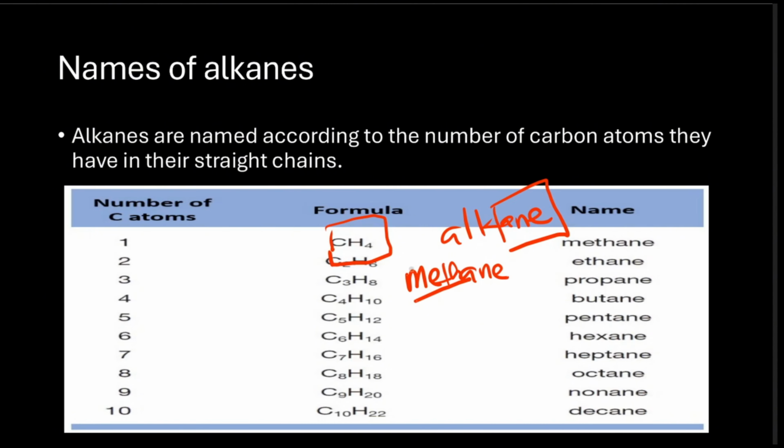Likewise, in the second, we have an alkane with two carbon atoms. So the Greek word "eth" and then we add "-ane" to it to give you ethane. So it continues to, in this example, an alkane with 10 carbon atoms and it is named dec. So we have the Greek word dec for 10 and then we add "-ane", giving you decane.